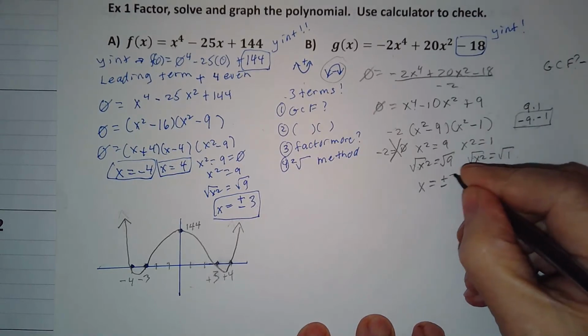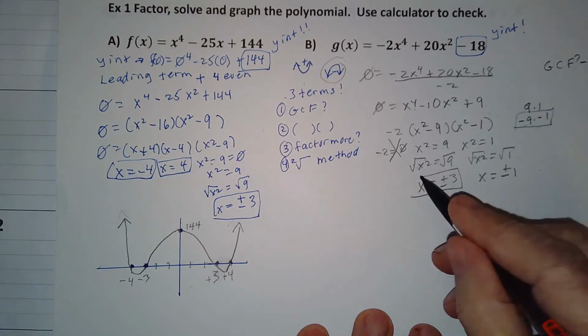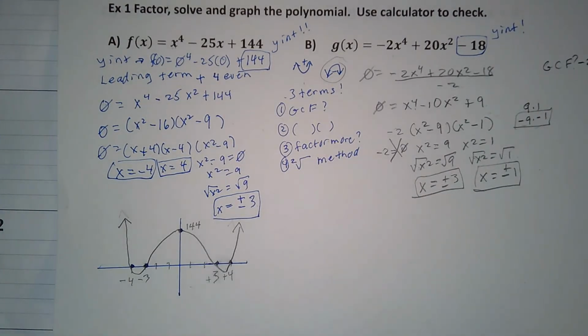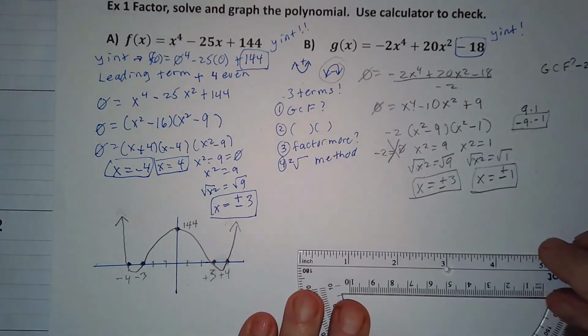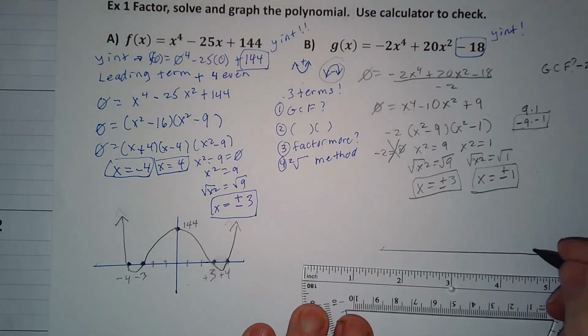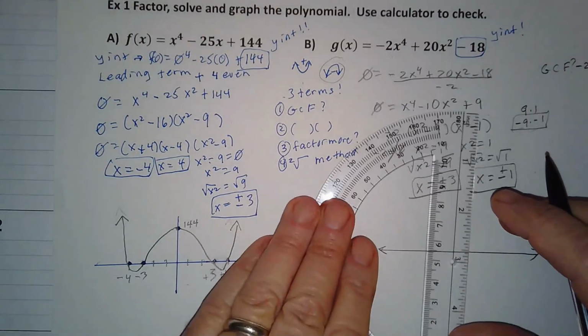Got to be careful when we're doing our square roots. All right, so we have plus or minus 3 and plus or minus 1. And let's go ahead and use that on our graph here. I'm mad that my graphing calculator malfunctioned on us, but we'll survive.